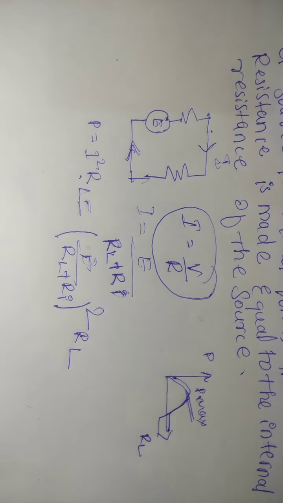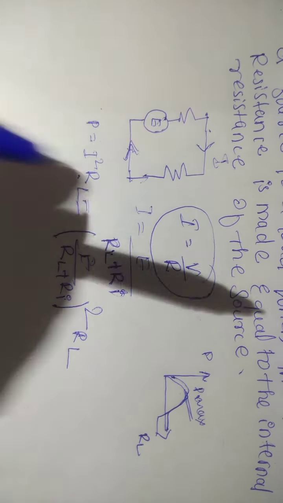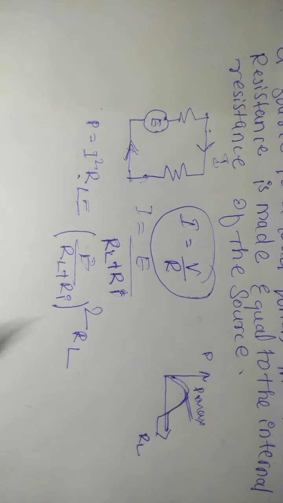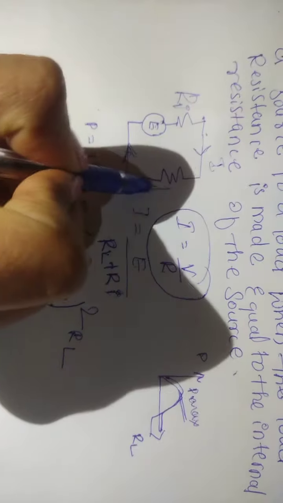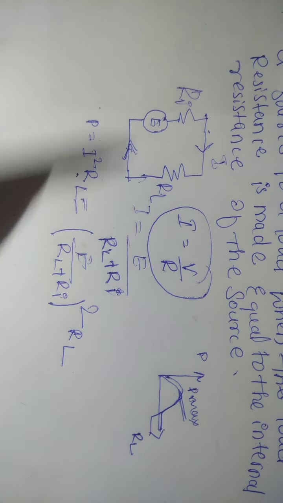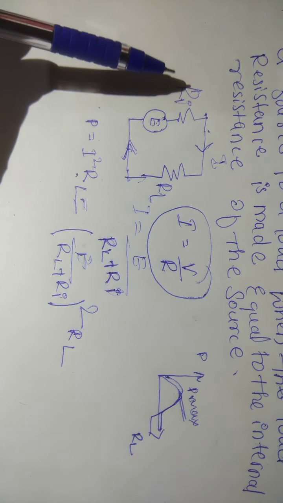For the given source, the generated voltage E and the internal resistance RI are constant.